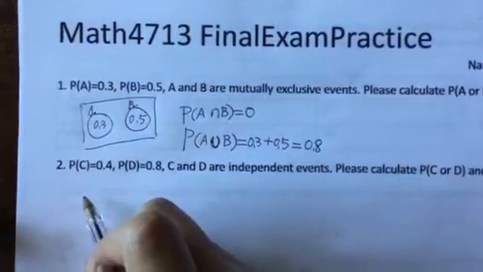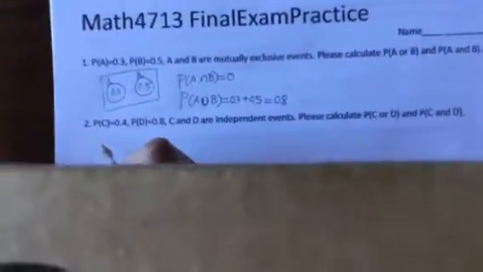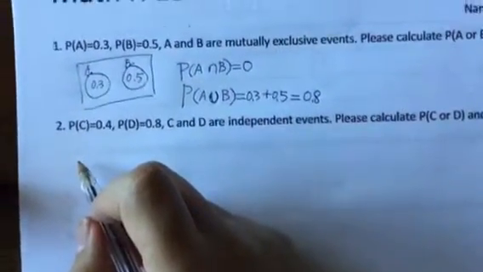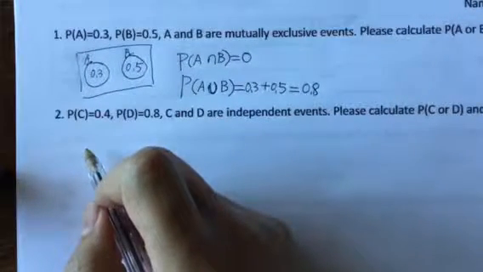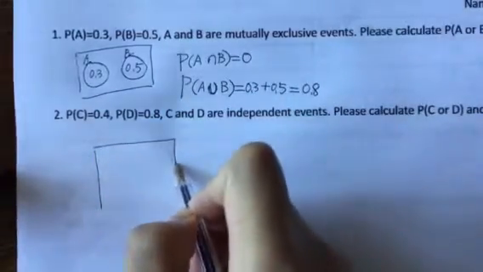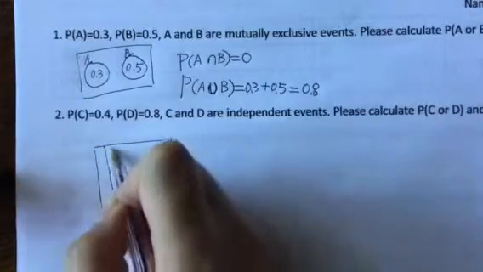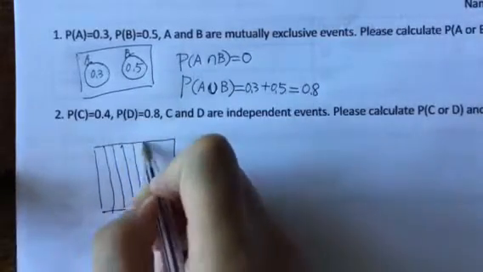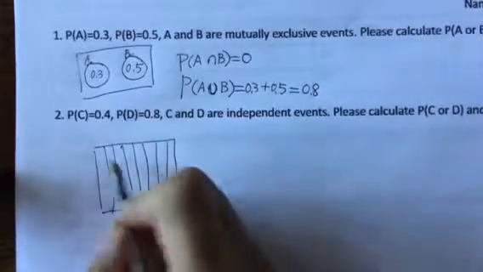Now the other one is when they are independent. What do we mean by independent? Independent says that probability C and probability D, independent means that being inside C or D or not inside C or D has no effect. So probability C is 40% of the time.